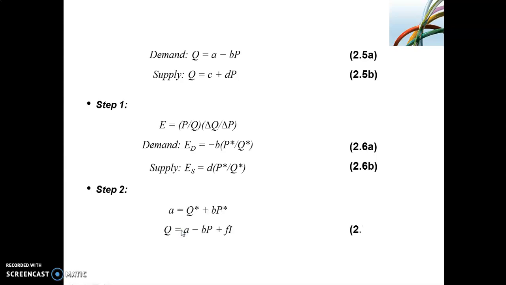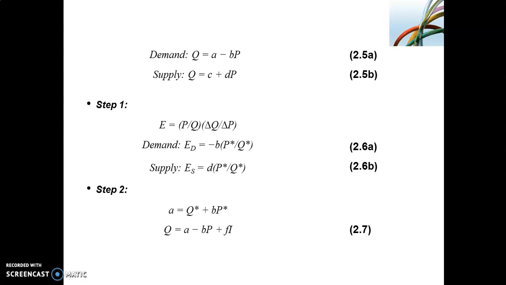In step 2, since we now have minus B and D, we can substitute these values as well as P star and Q star to solve for the unknown constant A, that is for the linear demand function, and C if we were looking at the linear supply function.